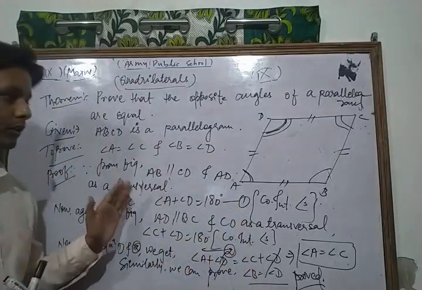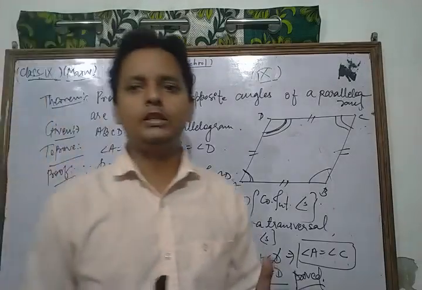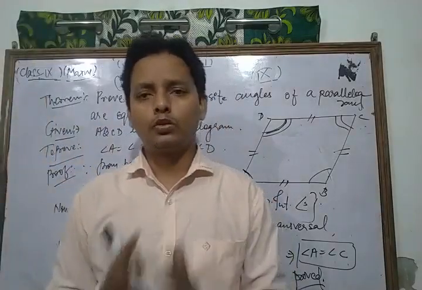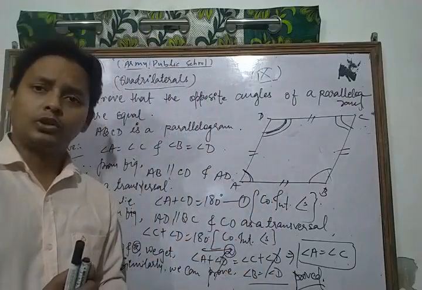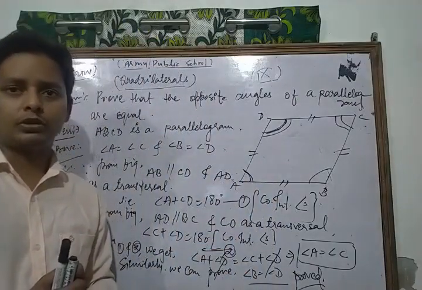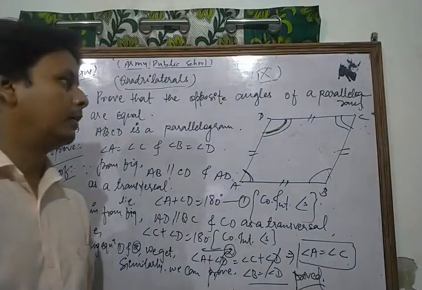This is a very important result and theorem related to parallelogram. So please, dear students, do more and more practice of this type of theorems. After that, you can solve each and every question of your NCERT exercise based on the topic parallelogram.